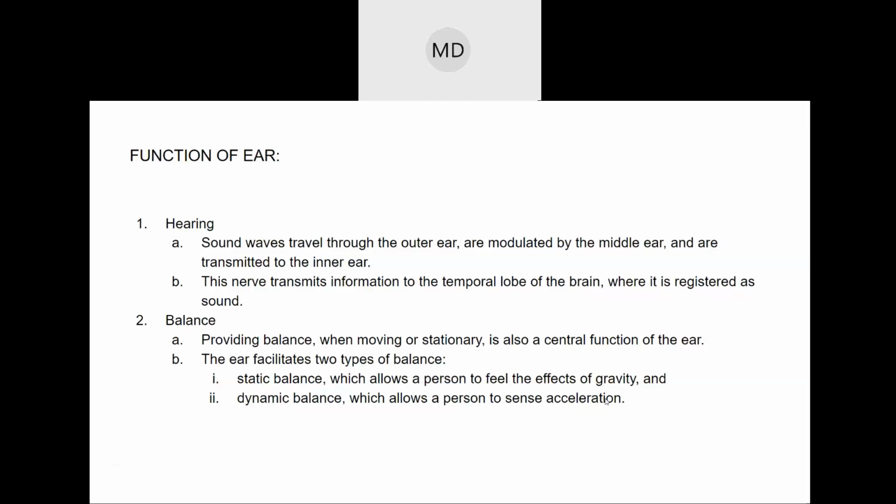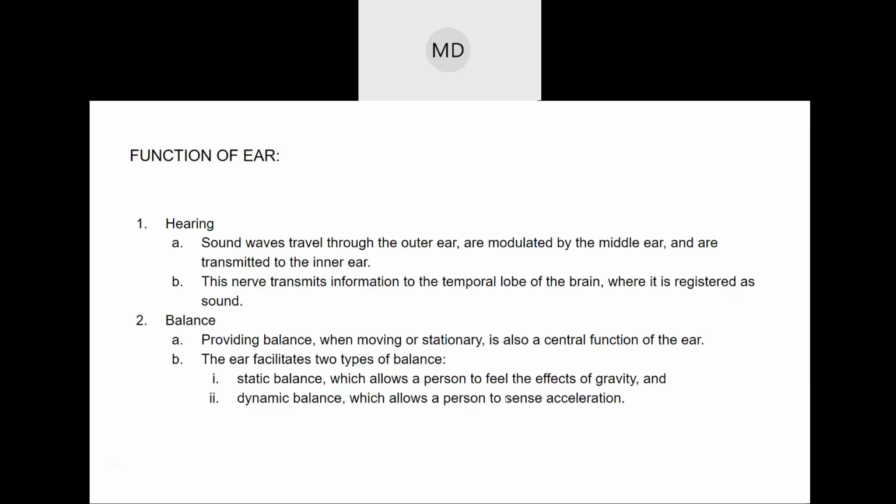One more example. If you jump from a moving bus, what will happen? You won't fall in the same place as you jump. You'll fall a little bit forward. Same thing: your body is still moving, because you sense acceleration. Acceleration means movement, you can say.